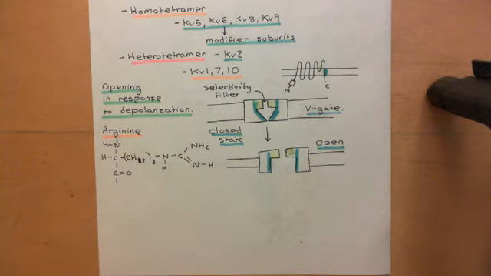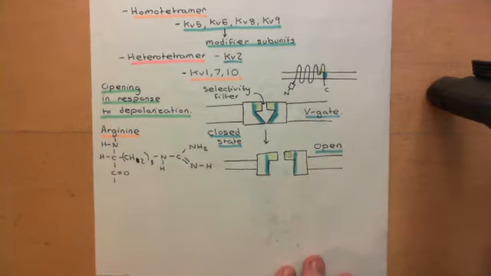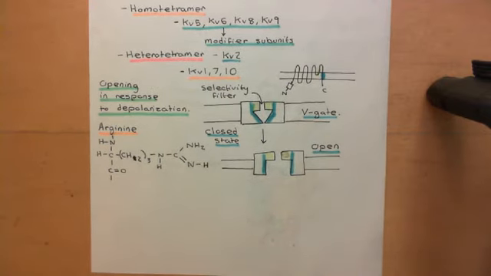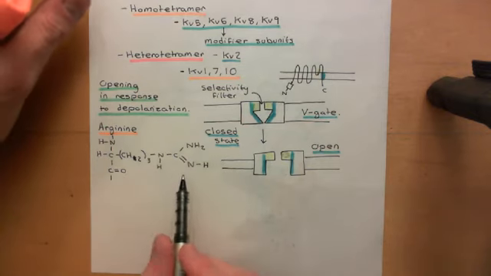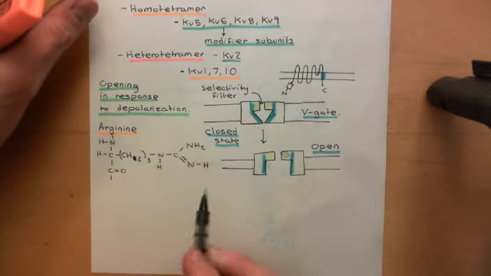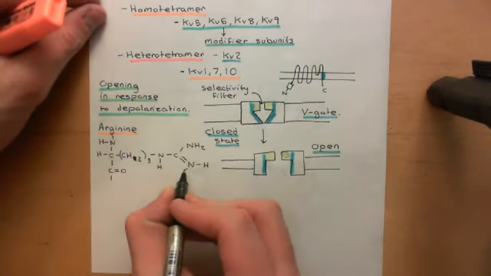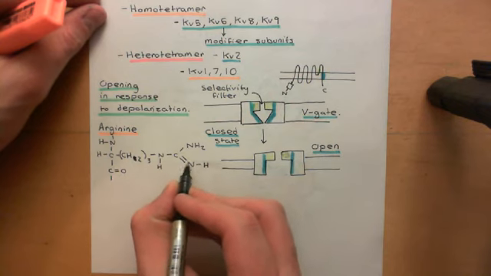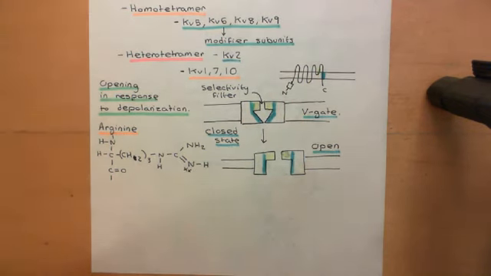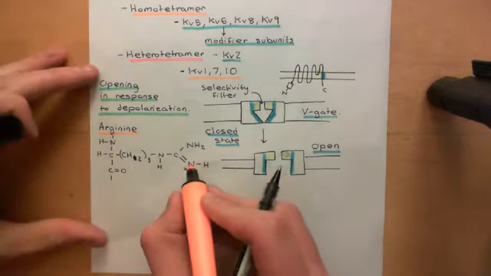Well, the answer is that under normal physiological pH, so under normal physiological free proton concentration, you end up getting protons adding on to this molecule. Specifically, this nitrogen here, which is double bound to the carbon here, has a lone pair of electrons.